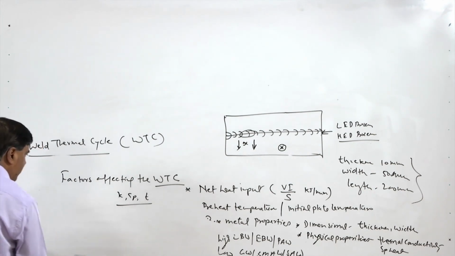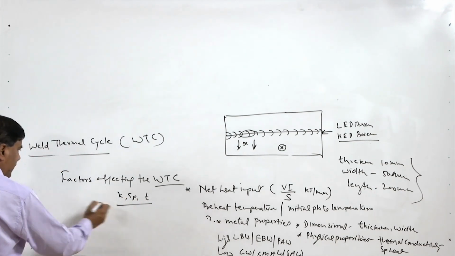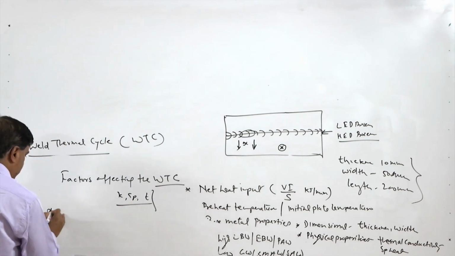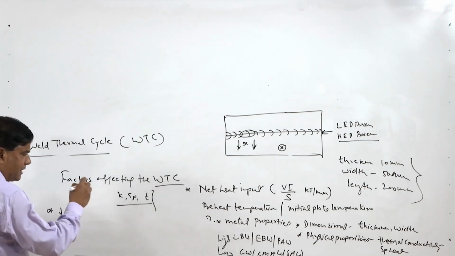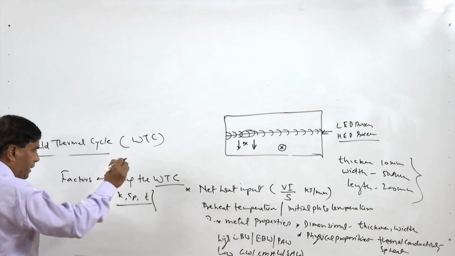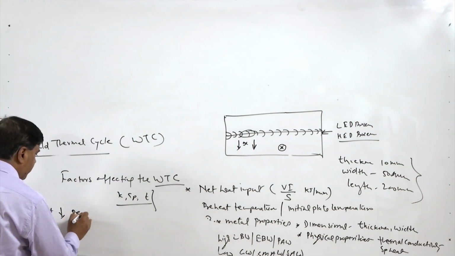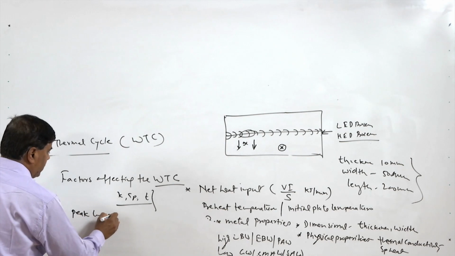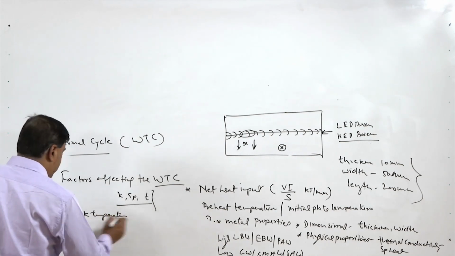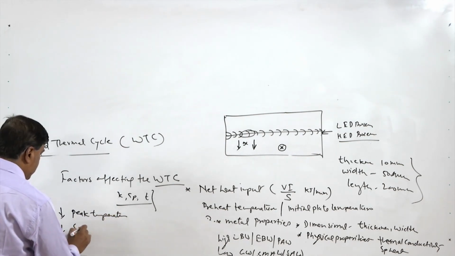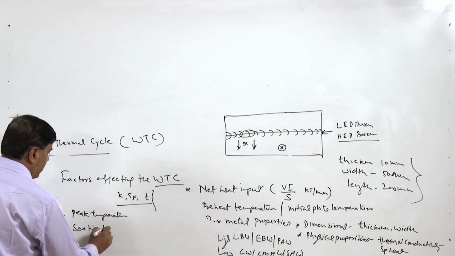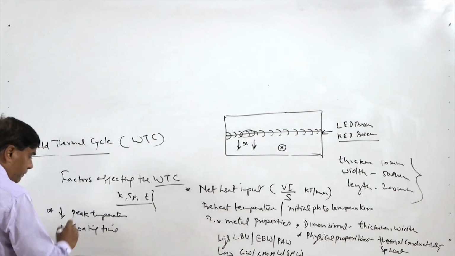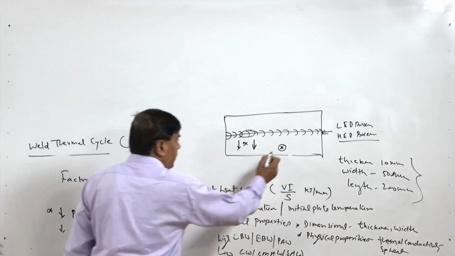So this is what we can mention: an increase in thickness or thermal conductivity for a particular point lowers the peak temperature and reduces the soaking time above a particular temperature of that point, like say the point is here.